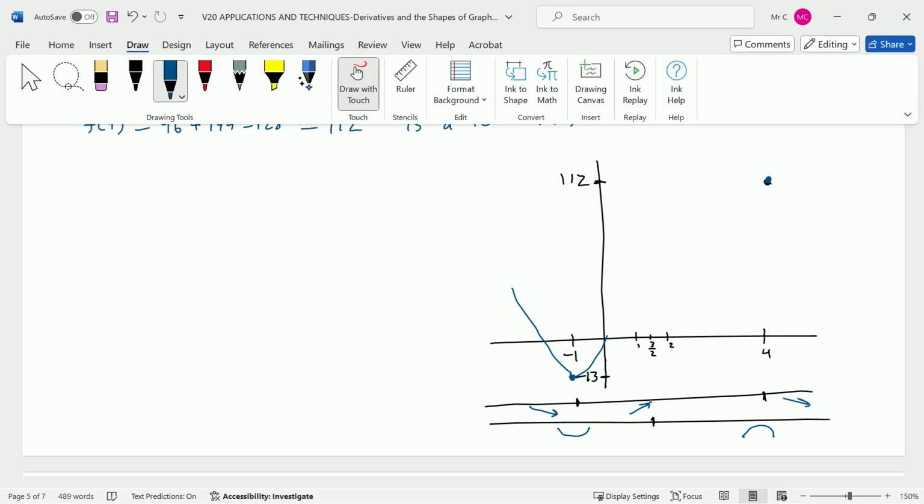And it's going to keep increasing, but it's going to change concavity when x is 3/2. So it should be concave up this whole time. And then it's going to switch to concave down. And it's going to keep increasing to this point, and then it's going to start decreasing. And there we go. As long as your graph looks something reasonably like that, I'm pretty happy with it.